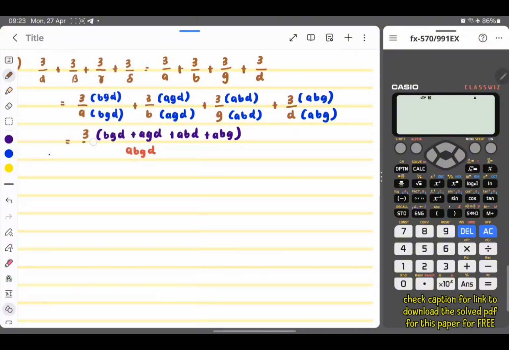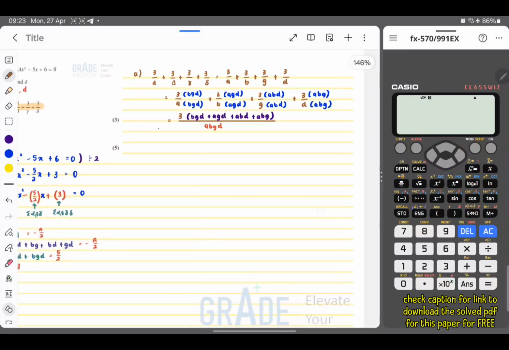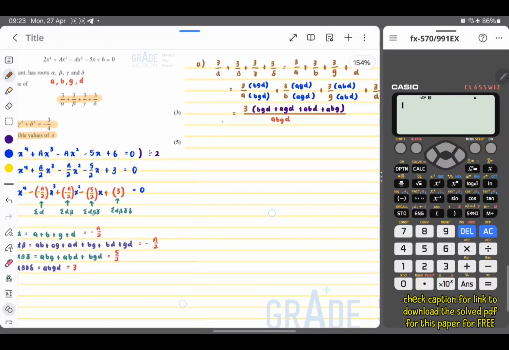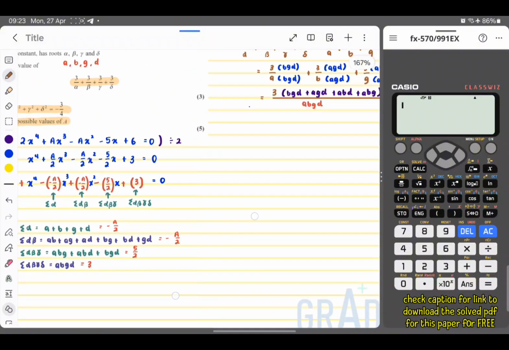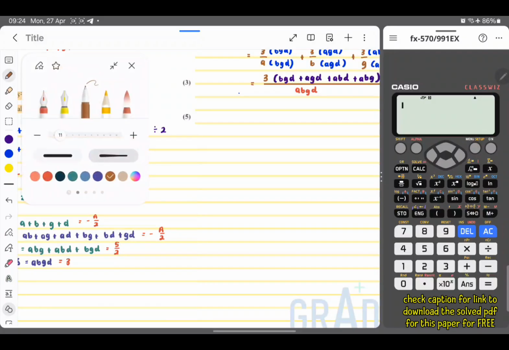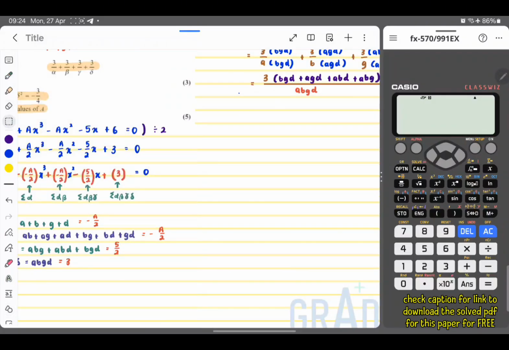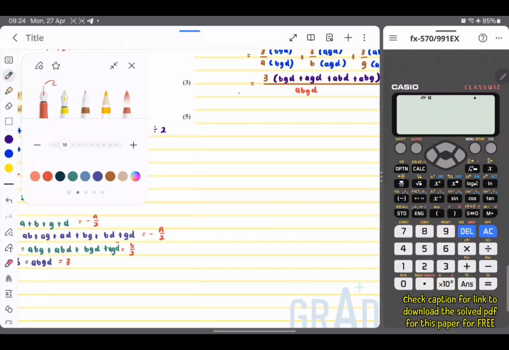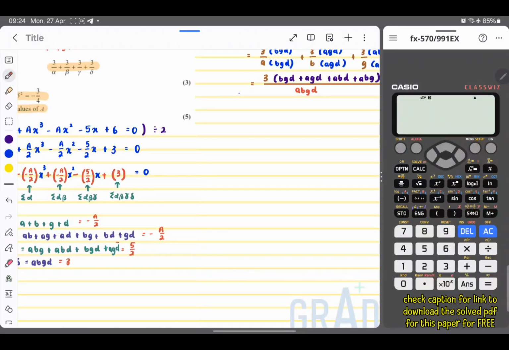Let's draw the line, and let's refer back to the information that we have here. Oh, I was missing one of the elements for my product of 3 roots. I was missing AGD. So let's just fix that real quick. I'm going to move this to the side. What I was missing was AGD. That's it. This is 5 over 2.